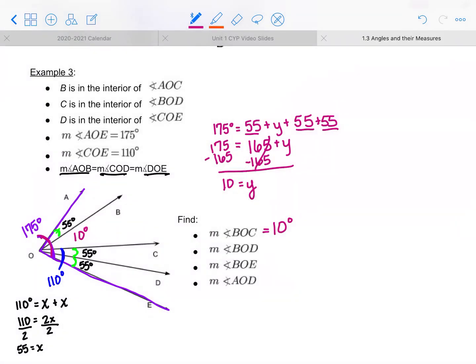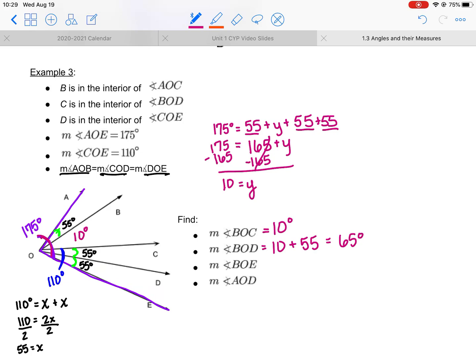Now that we know all of the individual pieces, we can find these other things by adding the parts together that we need. So BOD is going to be the sum of BOC, which is 10, and COD, which is 55. So 10 plus 55 is 65 degrees for the measure of angle BOD.